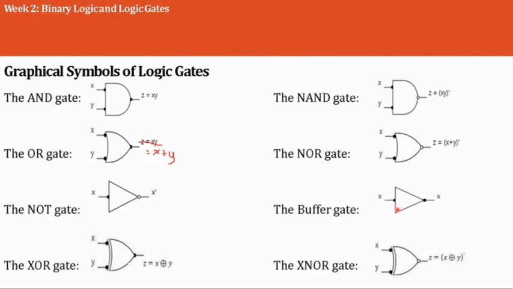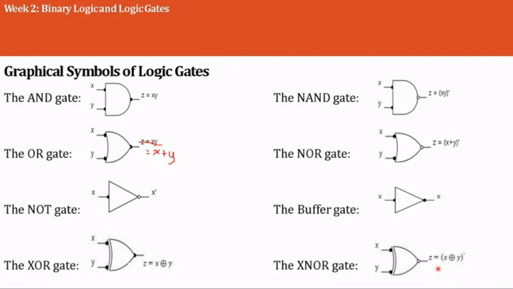So a buffer is no different from a wire. So it might seem useless. However, from the analog point of view, the buffer might have a desirable characteristic such as the ability to deliver a large amount of current to a motor, or the ability to quickly send its output to many gates.